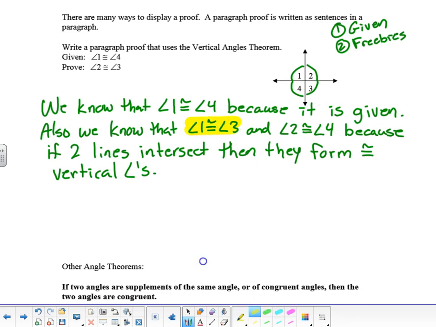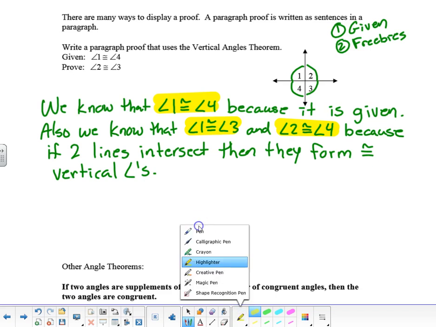So we've got angle 1 congruent to angle 3, angle 2 congruent to angle 4, angle 1 congruent to angle 4. So now we can replace those and say that angle 3 is congruent to angle 2 using the substitution property.